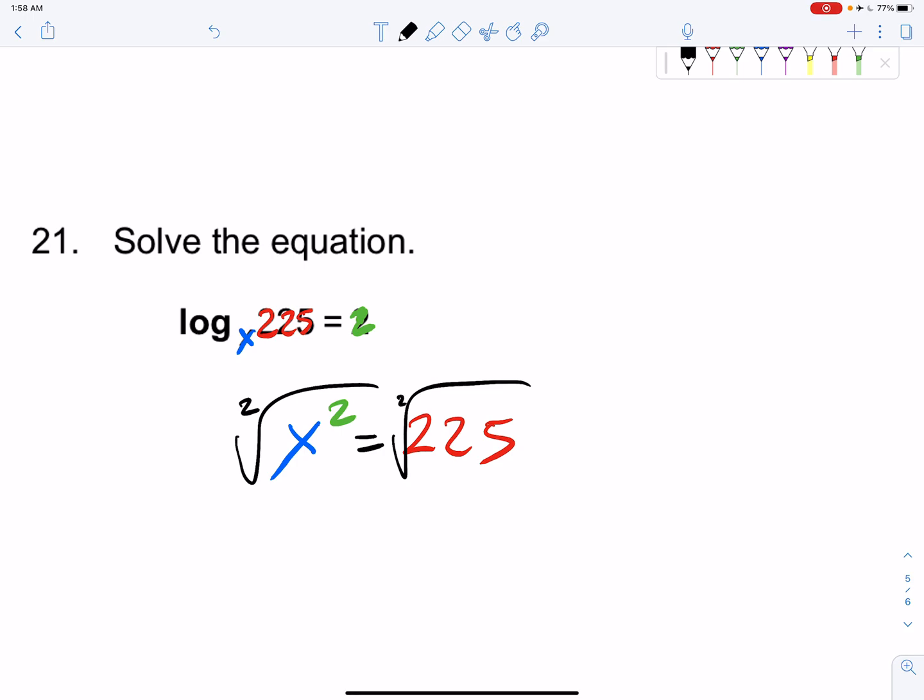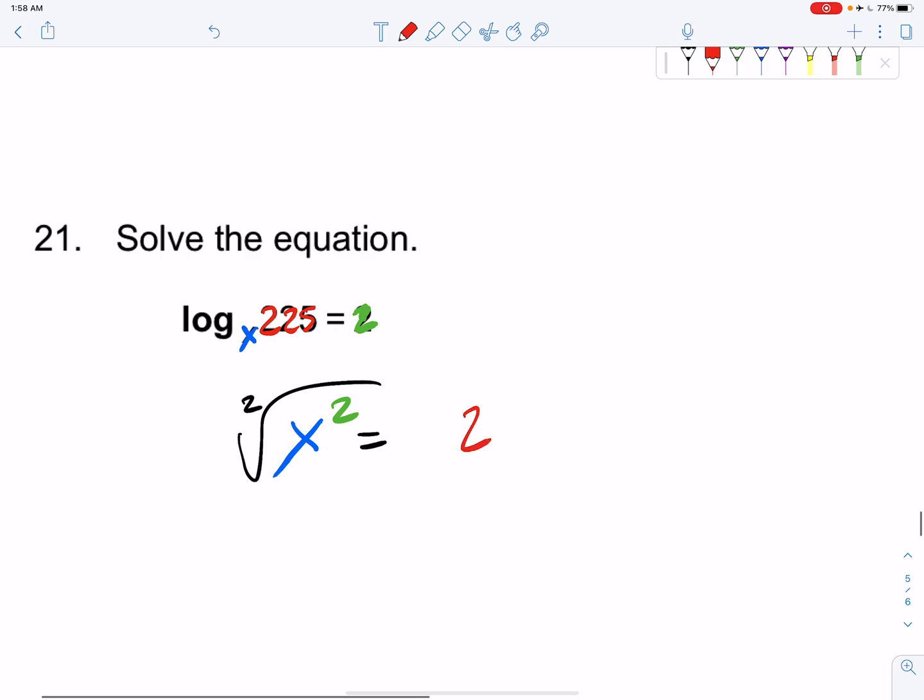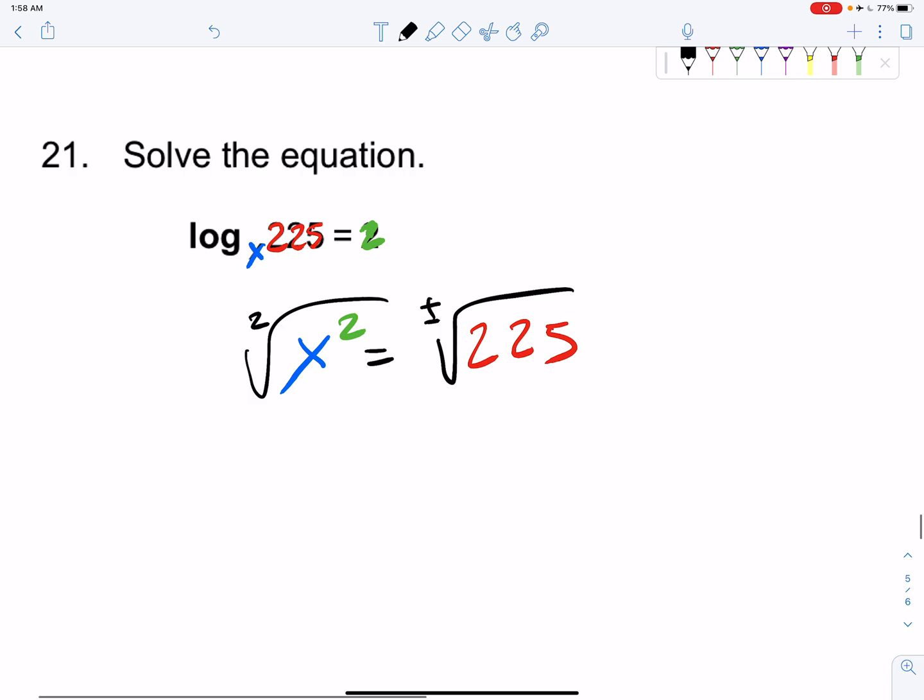The square root does not have a perfect inverse function because it's not one-to-one. So what happens when we square root? We have to say plus or minus, right? Things get weird. So we get x equals plus or minus 15.